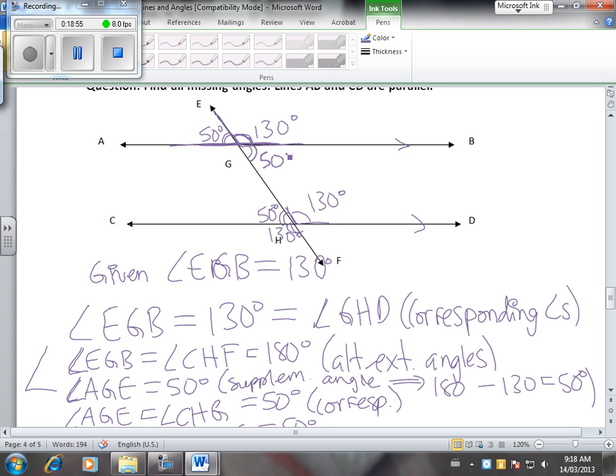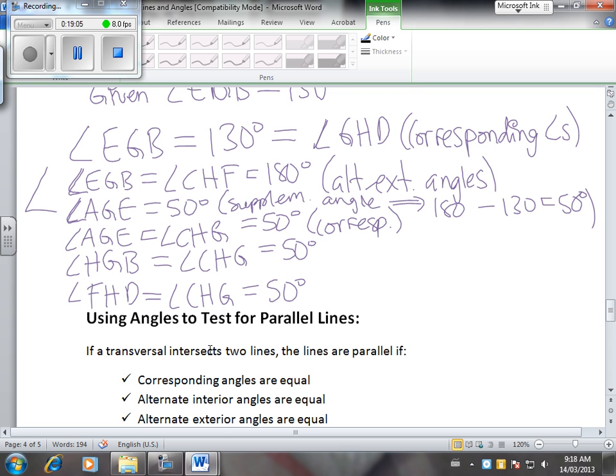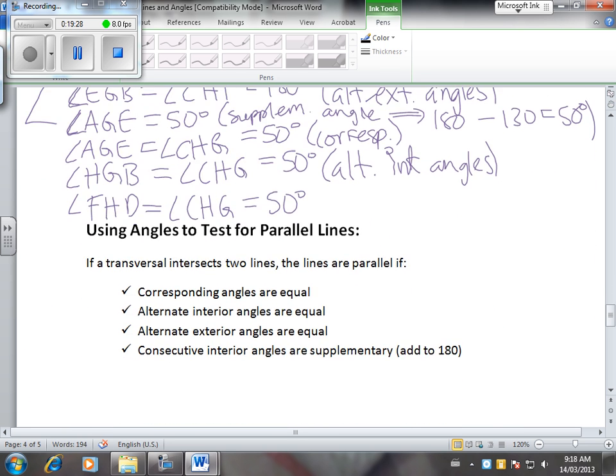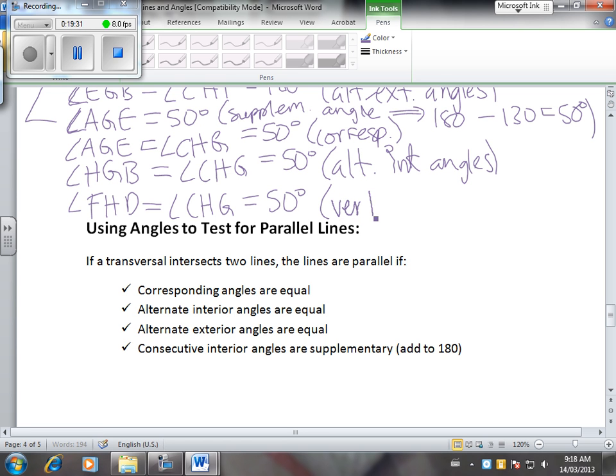And that is because if we look at these two angles, CHG and HGB, these are alternate interior angles. So they make a Z. And then FHD and CHD, so look for FHD right here, that's 50 degrees. And there we can say those are vertical angles.